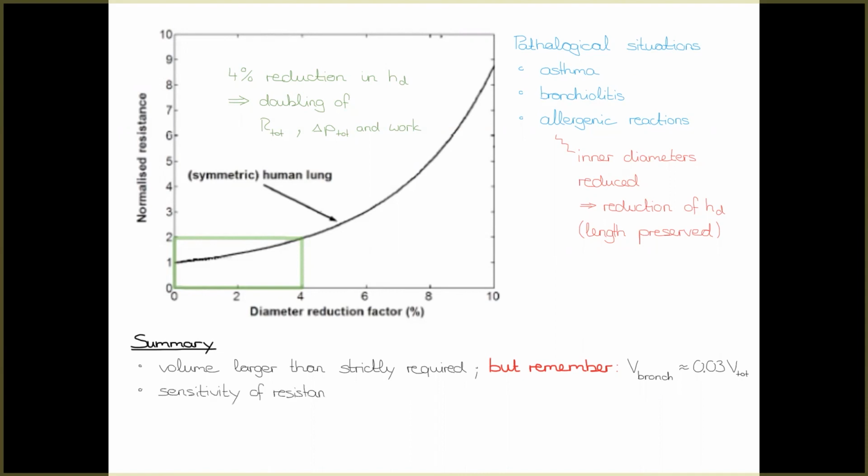Okay, the sensitivity of the resistance on H is very relevant for the robustness. And we have seen that when we are more towards the larger reduction factors, we are on the less sensitive side. So then a change doesn't really have such a strong influence on the resistance, and that's good.